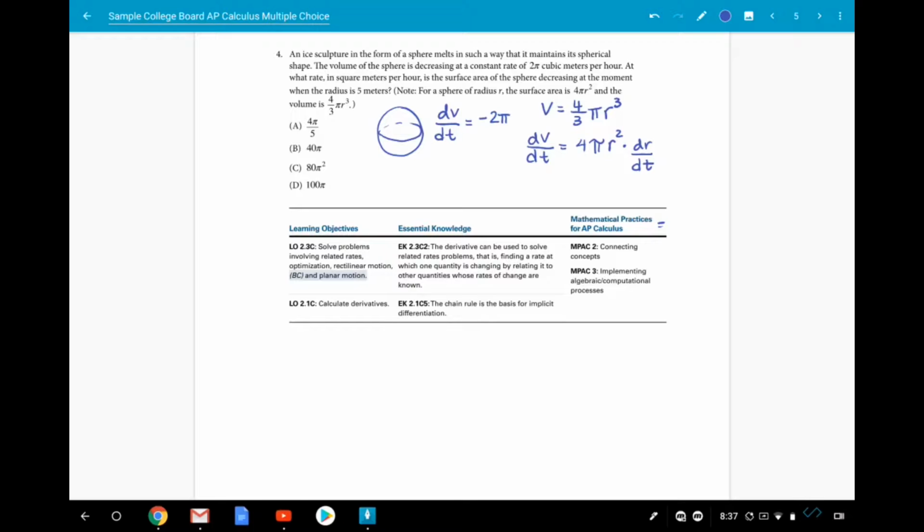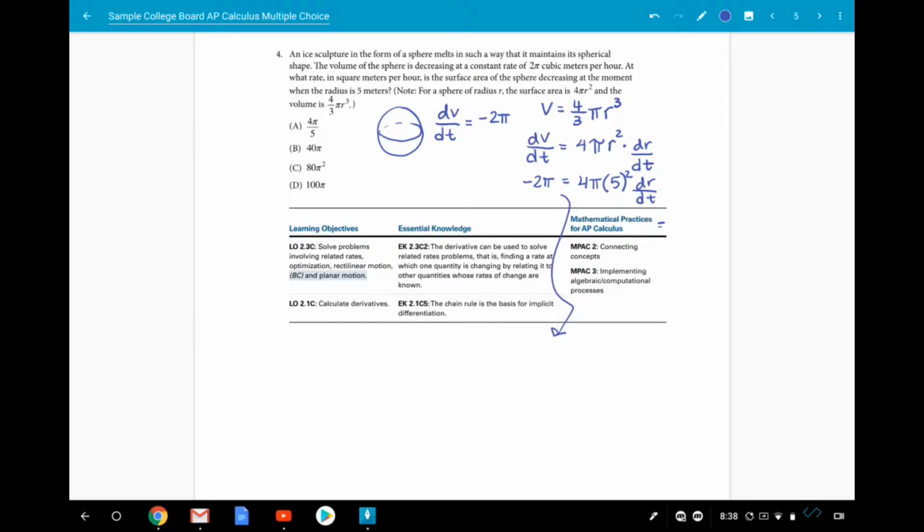And so we know that dV over dt is -2 pi, and then 4 pi, we are also told that the radius, at this snapshot moment, is 5 meters, so once you've taken the derivative, you can substitute that in, and then dr over dt. At this point, we can use the information that we're given to solve for dr over dt.